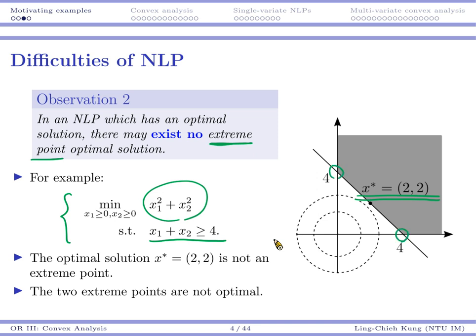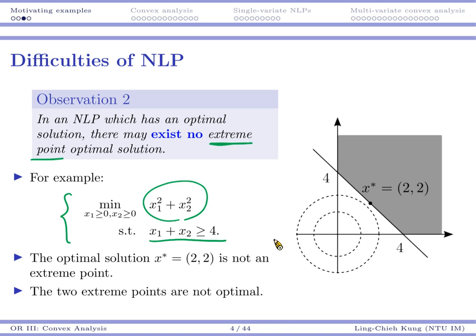So what does that mean? We cannot just focus on extreme points like what we did in linear programs. Somehow we have no necessary conditions that a global minimum must satisfy when we have some constraints around us. All right? So this again introduces some kind of difficulties.